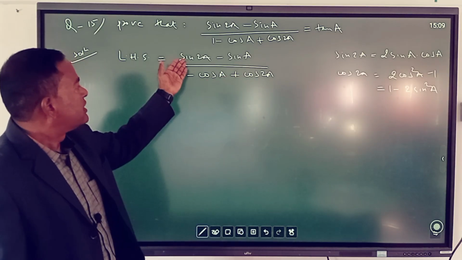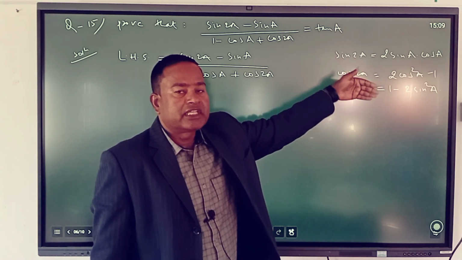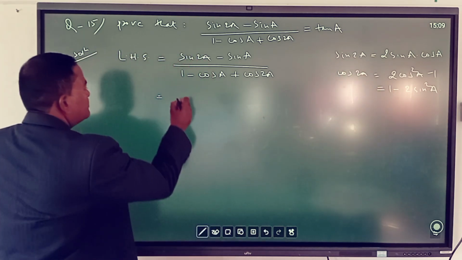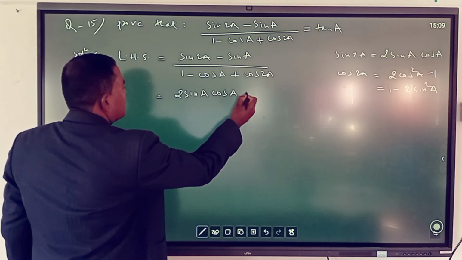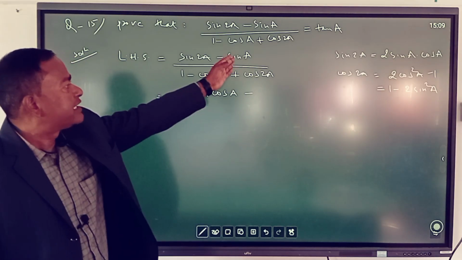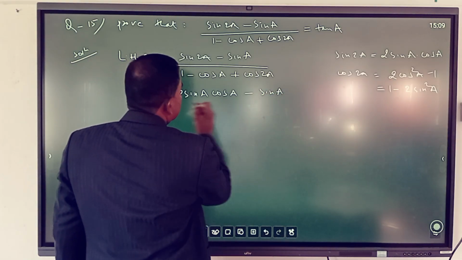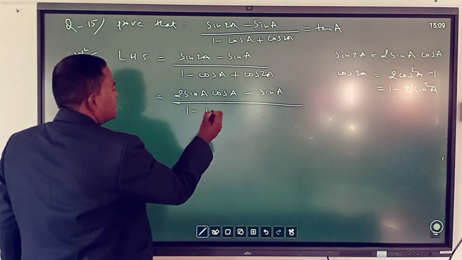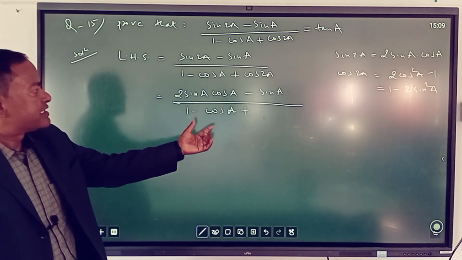Let us use the formula of sin 2a. Sin 2a means 2 sin a cos a, minus sin a keeping as it is, and 1 minus cos a also keeping as it is.